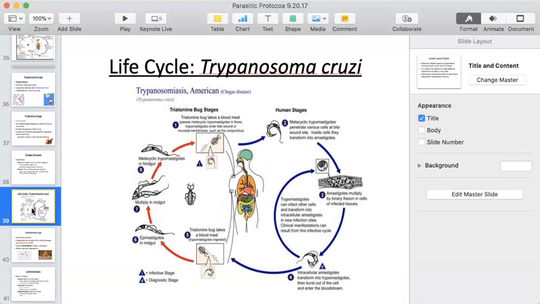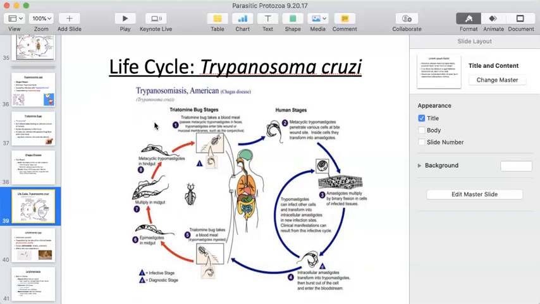Okay, so here's the schematic of the life cycle of Trypanosoma cruzi. It causes trypanosomiasis, or American trypanosomiasis, also known as Chagas disease. So the triatomine bug stages are in two phases as well, where the bug takes a blood meal, and basically, again, it's going to pass out the trypanosomes in its feces.